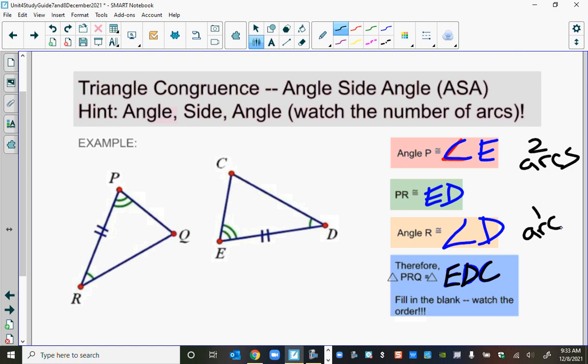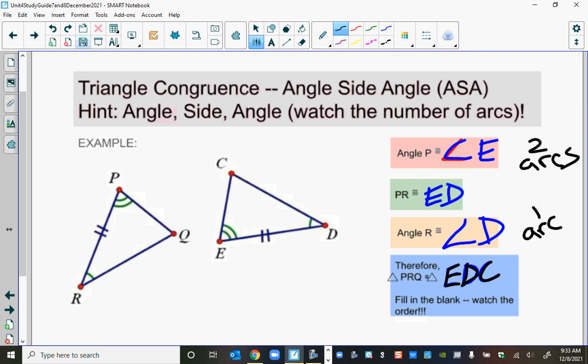R was second, D has to be second. And then process of elimination, Q and C. They're going to be the last spot. So that was great work there. You knocked that out in like 30 seconds. So it's angle E, ED, angle D, and then EDC for that triangle.